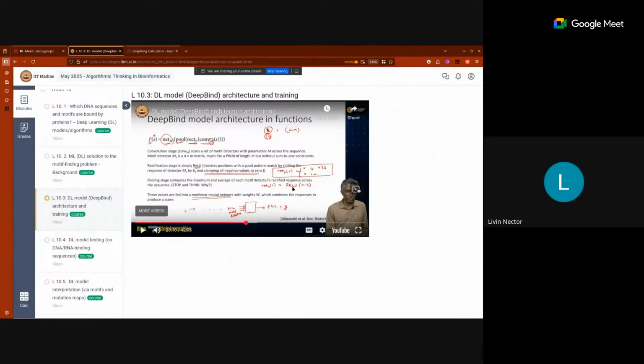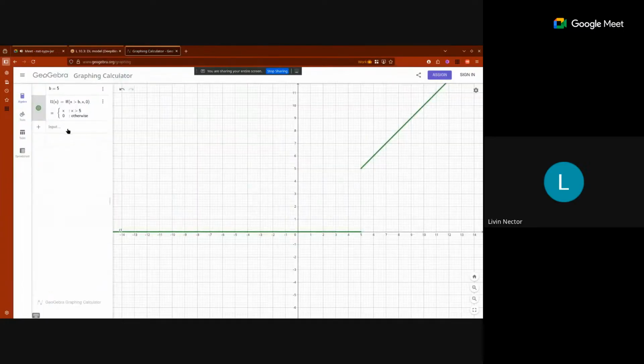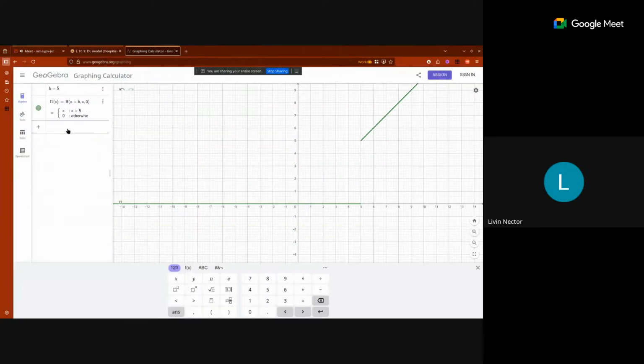What is written here is the ReLU of A minus B. So ReLU of A minus B, by definition, will come like this. X shifted. Shifted what, right?